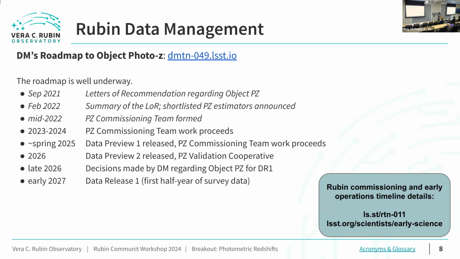And there's a group of us that meet online and discuss progress and are getting ready for commissioning data to start working on that. Data preview 1, data preview 2, these will all be really important times for the commissioning team and the validation cooperative. And then by late 2026, DM will release its final decision on what will go into that object table in terms of PhotoZ information. And in 27, they release one more.